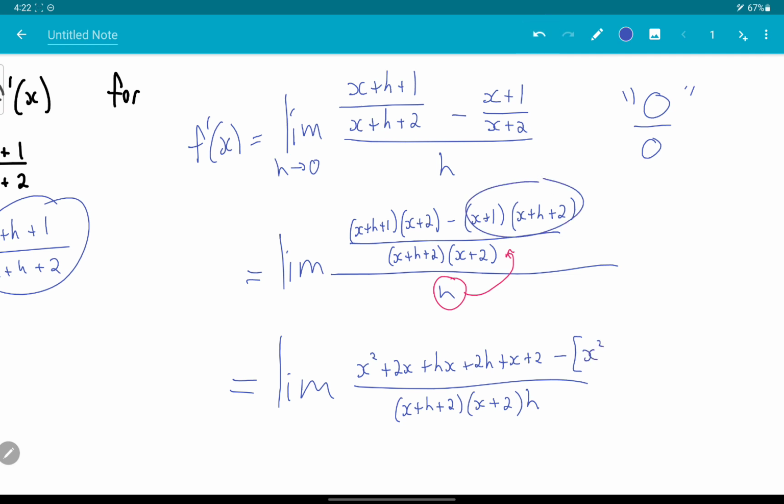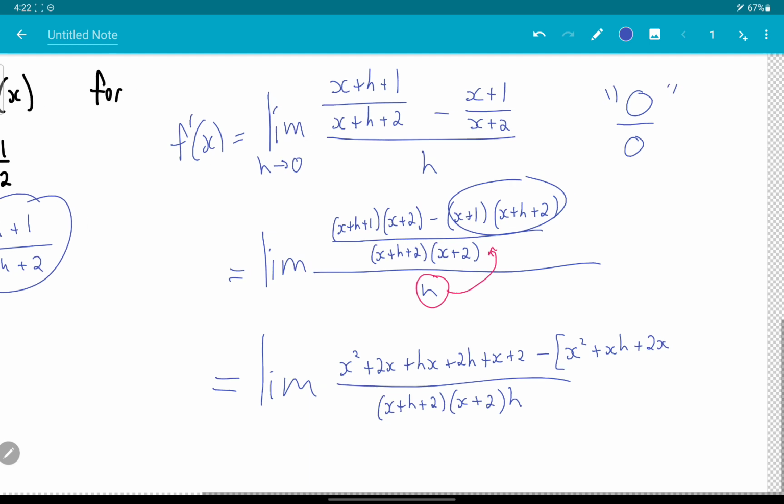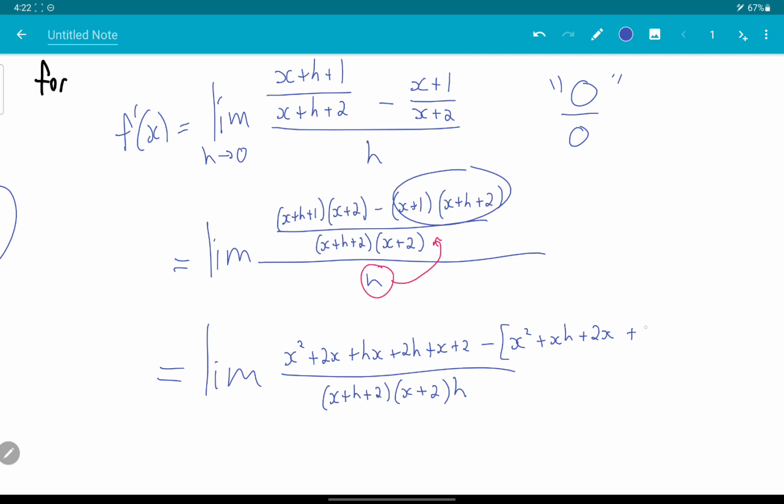And now I'm doing this product. Trying to not make a mistake, but we'll see. Okay, I have a quick look at that to make sure it's okay. Just quickly redoing this in my head. Hx, 2h, x plus 2, okay. Square brackets. Good job, Jordan, good job.